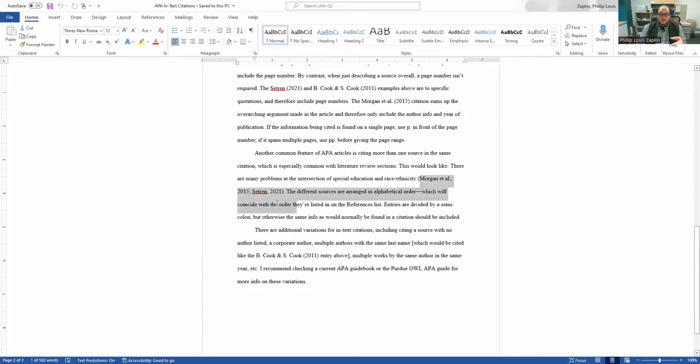The other thing to note when you are citing multiple sources like this is you list them in alphabetical order. So this would be the same order that they are found in on the works cited page, or the references page. Sorry, in APA we use references. I'm basically an MLA guy. You're going to cite them in the same order you would cite them in the references page. So Morgan et al. comes before Citron, M comes before S. Easy peasy.